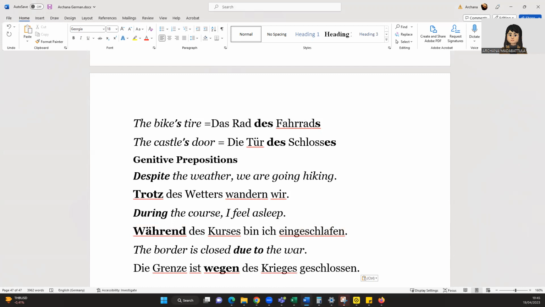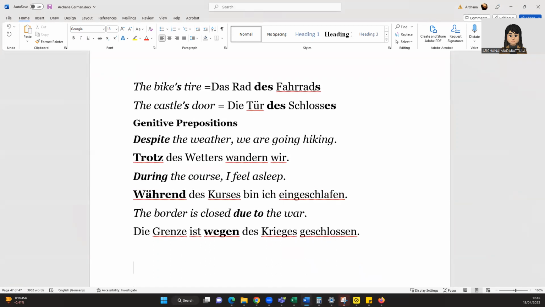So I will go ahead with the last two. If a pronoun is used after a genitive preposition, the dative pronouns are used. We already know about pronouns. If you want, I will take another session also. Because of you, we were thrown out. Again, this is a genitive case. Because of you, you are being thrown out. Me is mir. I said mir last time. The other person is dich or du, right?